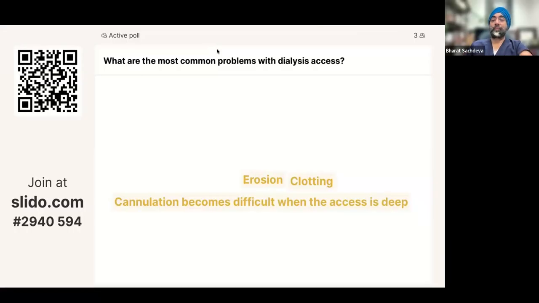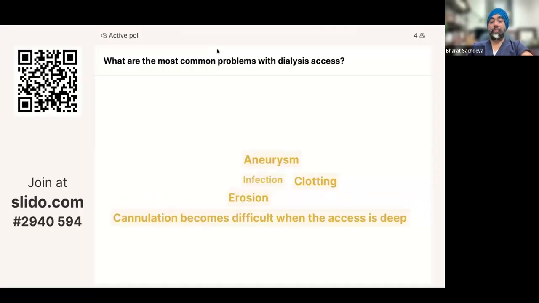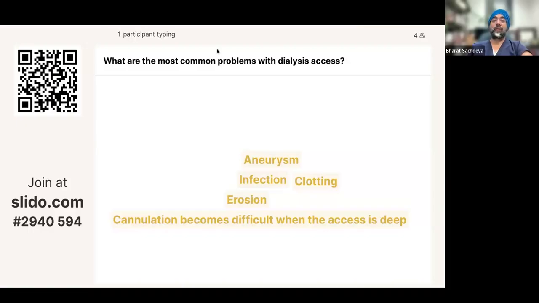Please keep adding any other responses or problems that you faced with your patient's fistula or graft. The more problems we have, the more we can talk about. Aneurysms. Okay. So yeah, I think those would be the most common problems that we will see, infections as well.